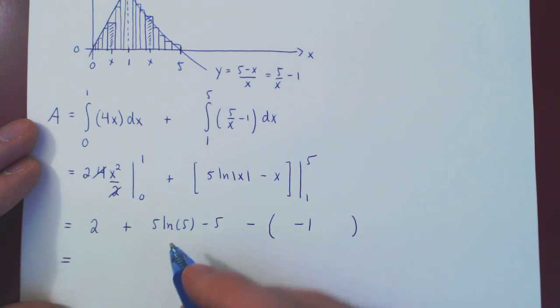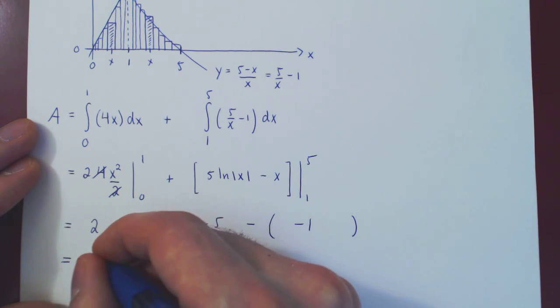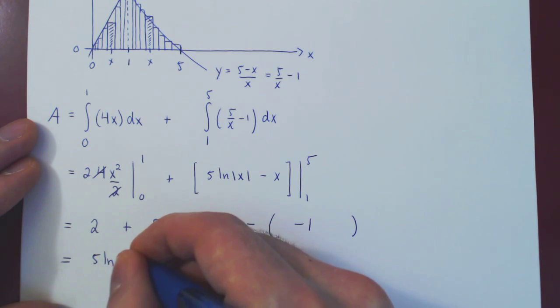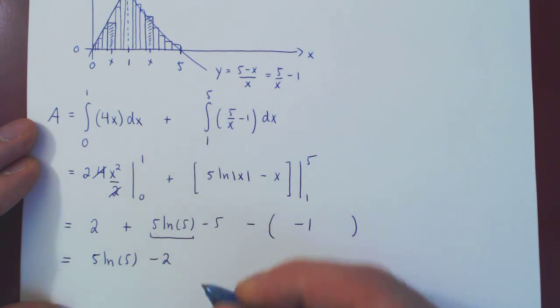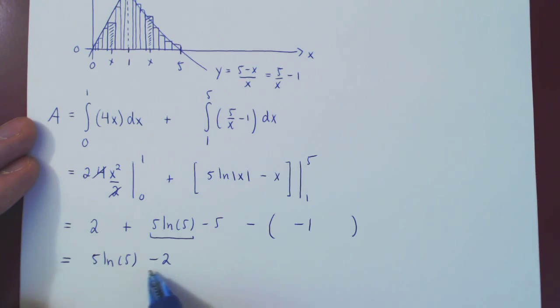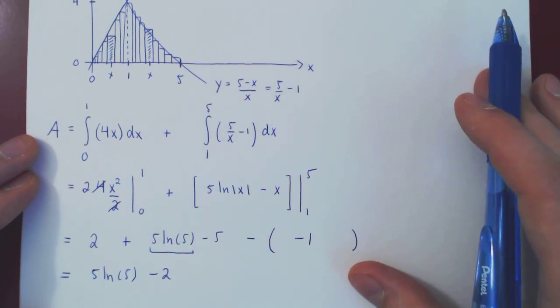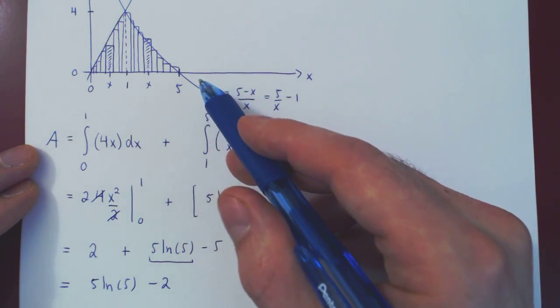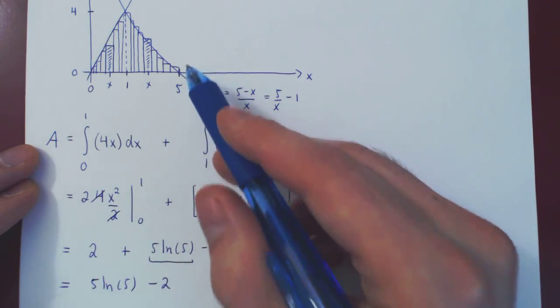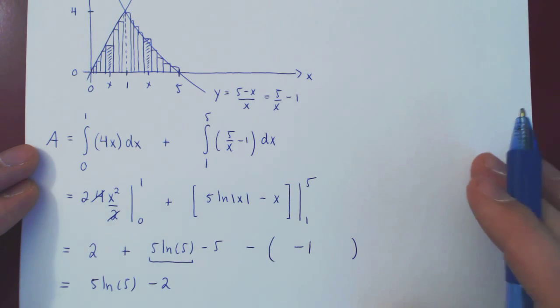Well, we have a 5 ln of 5, and if we look at the constant terms, we have 2 minus 5 negative 3, plus 1 negative 2. And so we're done. The exact area of this region, bounded by the curves y equals 4x, y equals 5 over x minus 1, and y equals 0, is 5 ln of 5 minus 2.